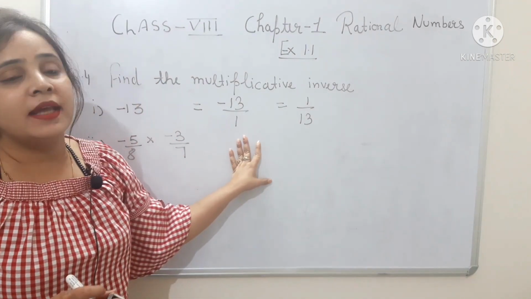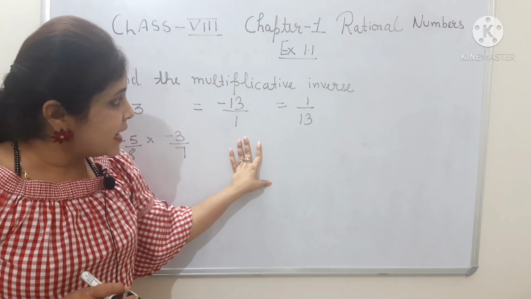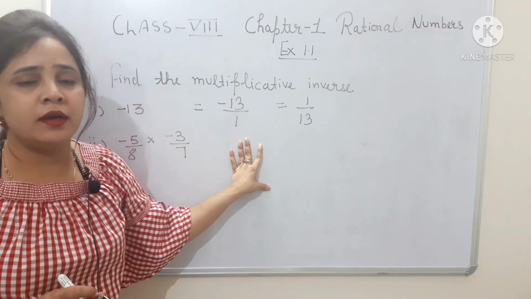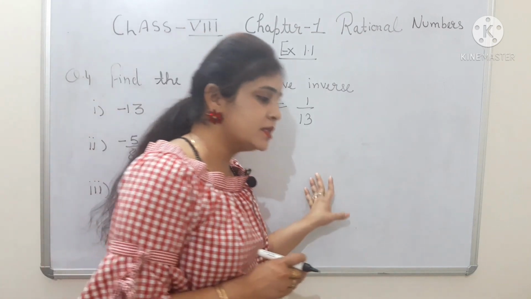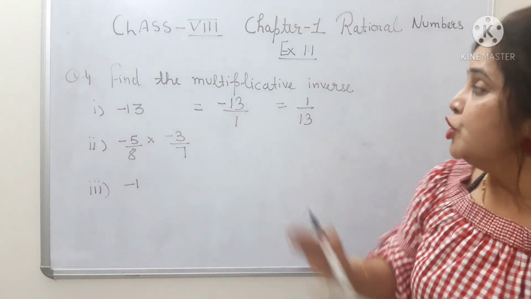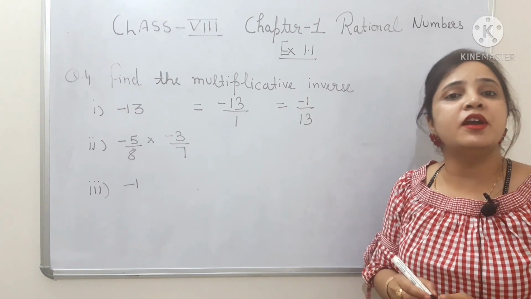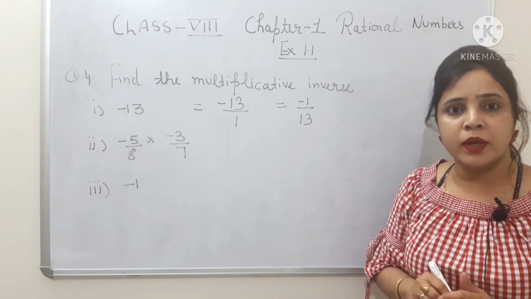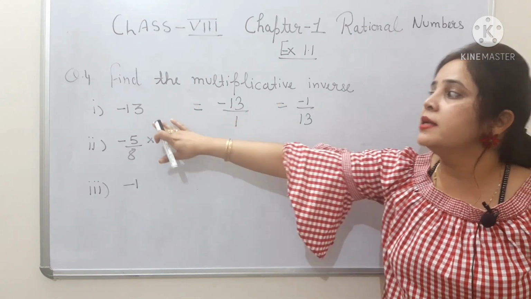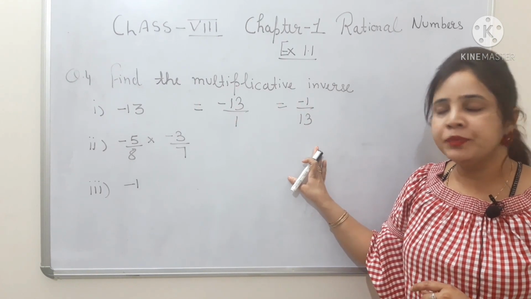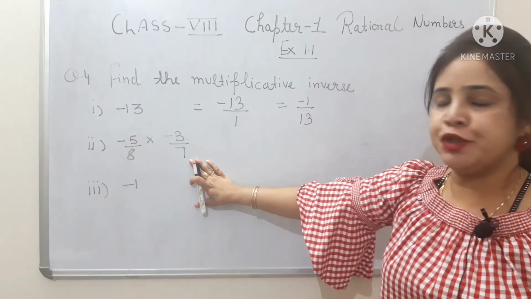It is not like that if we write the minus sign in the denominator our answer will be wrong. Your answer will be correct, but you should write it in the numerator. This is called the standard form of rational numbers. Okay, so the multiplicative inverse of minus 13 is minus 1 upon 13. Is that clear? Now, move to the next question.